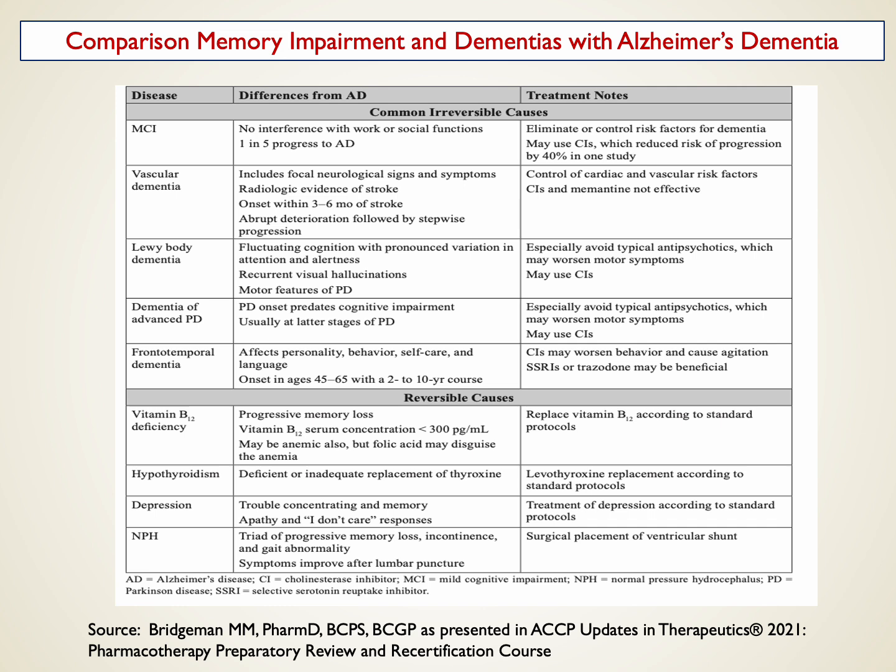And the reversible causes, whenever we have somebody with dementia or cognitive impairment, those are rewarding when you can change them, including B12 deficiency, hypothyroidism, and depression. Those are really the major concerns here.